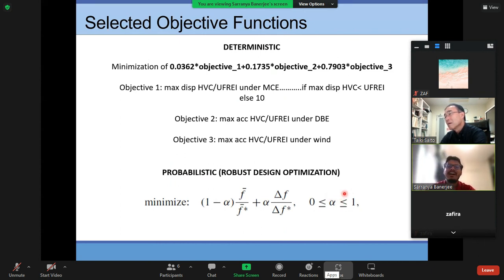I also decided that we can include 50 samples and then randomly correlate them to the earthquake. But I feel this is the most technically correct method to design a probabilistic optimization objective.